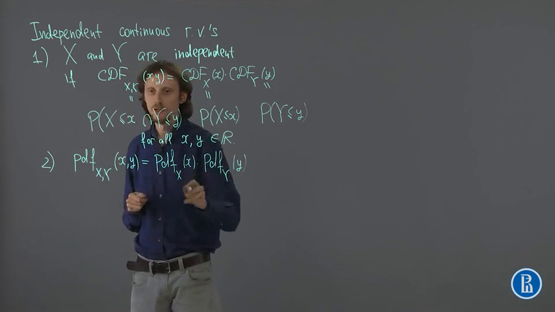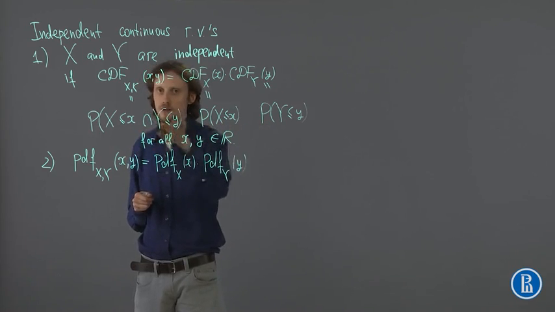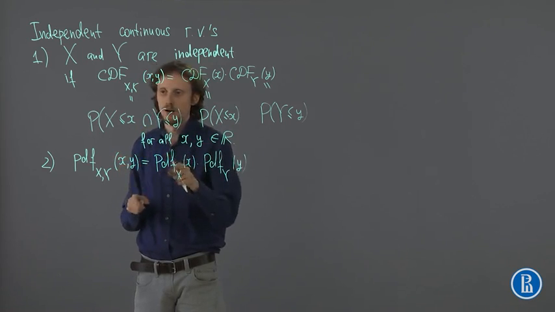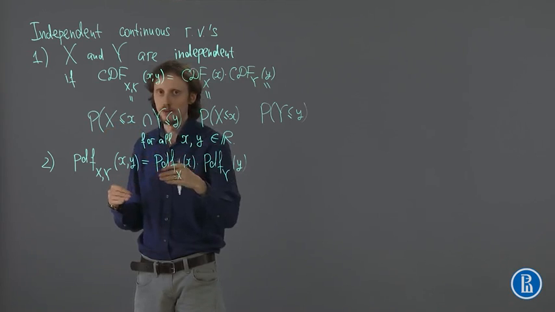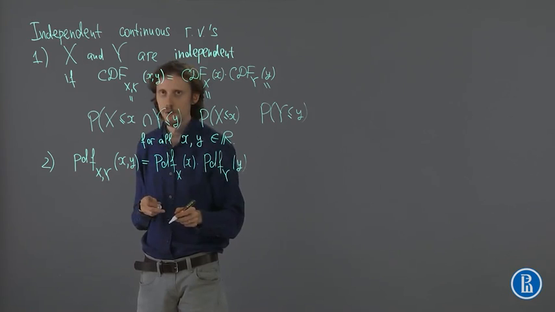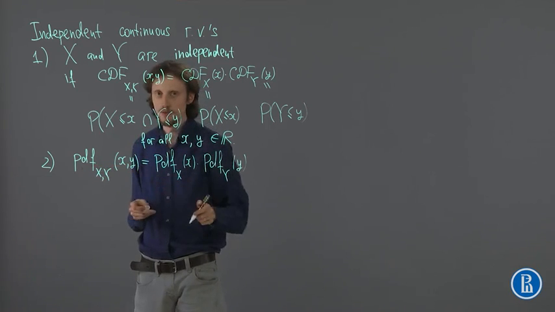Actually, this relation follows immediately from the relation like this about the probabilities of some event that involves the condition that value of random variable lies inside some segment or inside some ray, and so on. So this is alternative way to define or to check independence of two random variables if they have probability density functions.